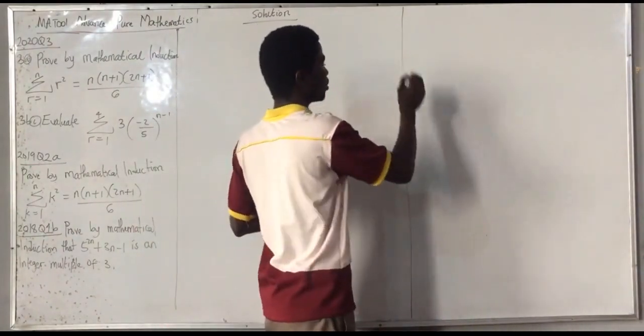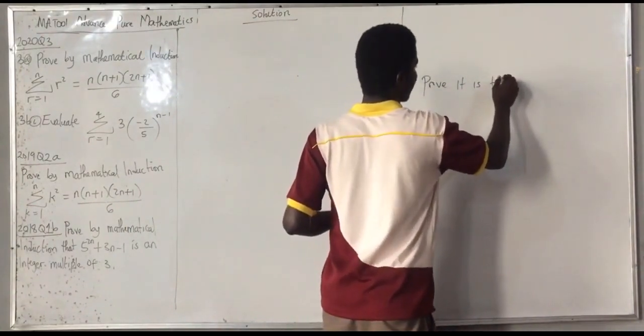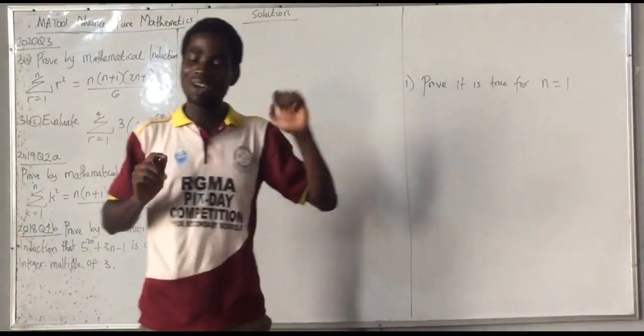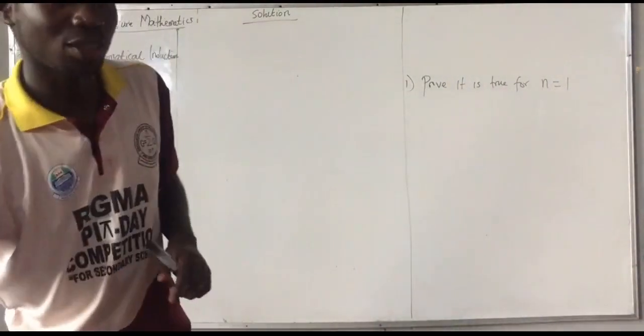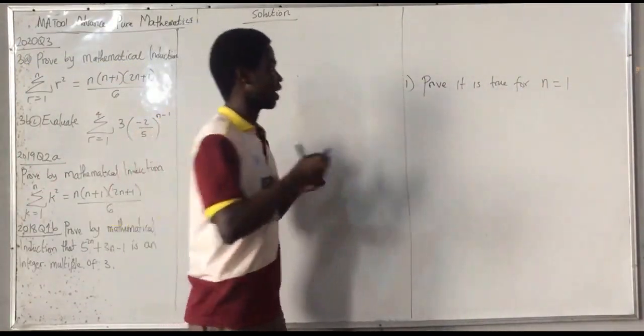The first step, let me give you. Number 1, prove it is true for n equal 1. All these things I'm writing, you are still going to get it eventually. Prove it is true for n equal 1. That is number 1.